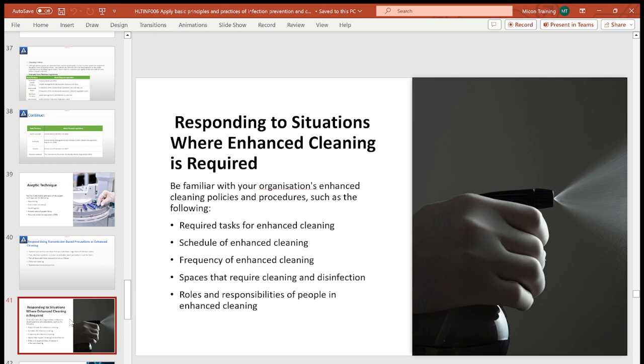Be familiar with your organization's enhanced cleaning policies and procedures, such as the following: required tasks for enhanced cleaning, schedule of enhanced cleaning, frequency of the enhanced cleaning, spaces that require cleaning and disinfection, and the roles and responsibilities of people that are expected to carry out this enhanced cleaning.